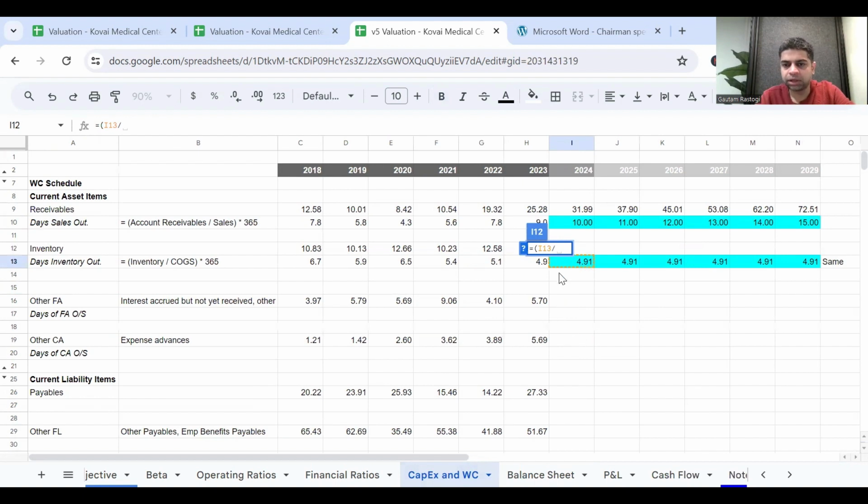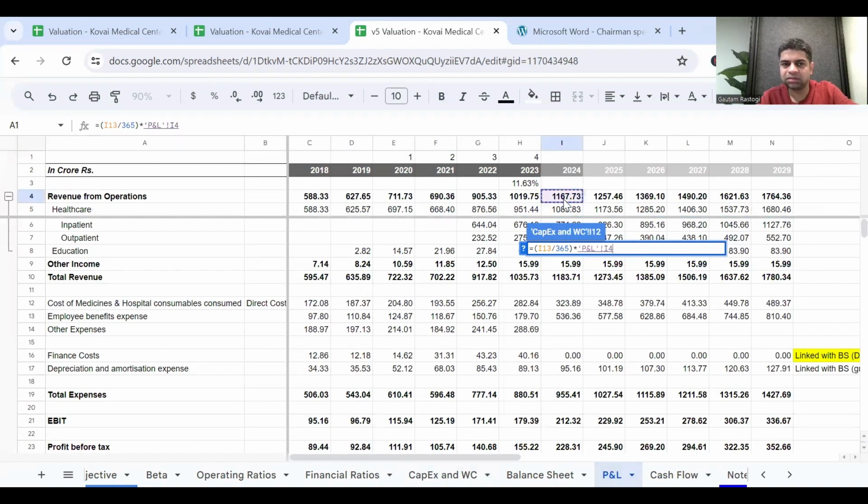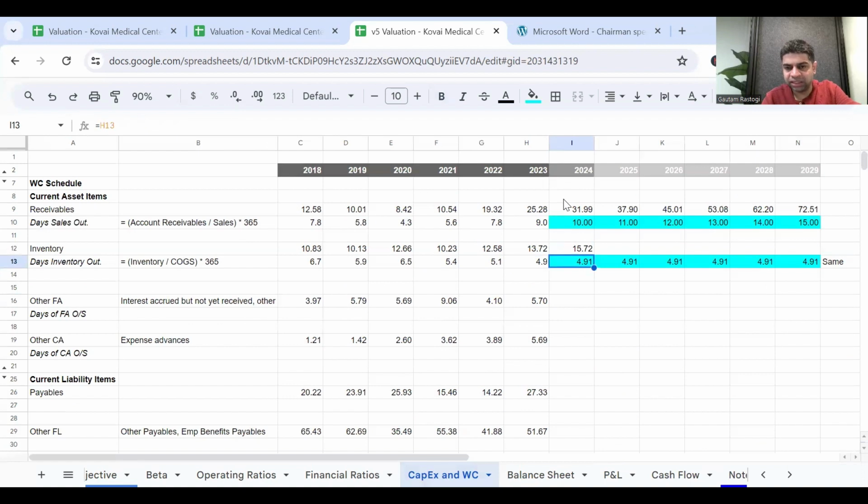Let me do that, and I am going to multiply it with sales, because this ratio 4.9 was calculated from the sales number and not from the COGS number. You can do it from COGS as well, but you have to be consistent. Although it says COGS here, I have actually used sales, so I'll make that correction.